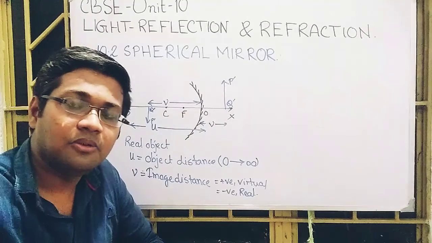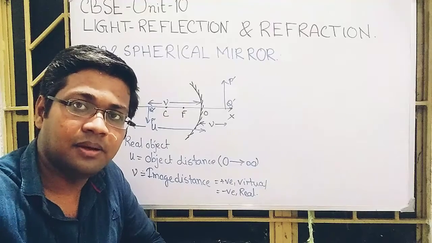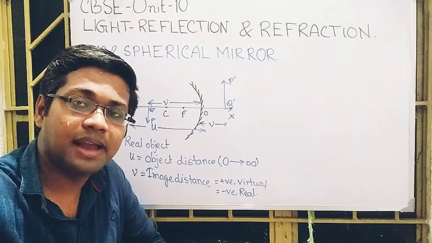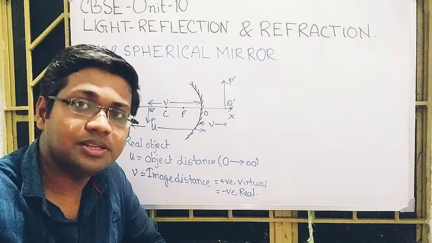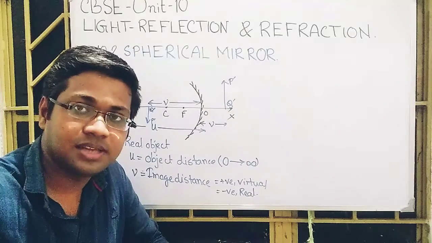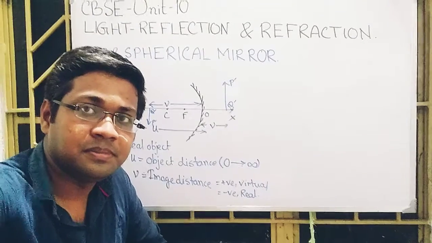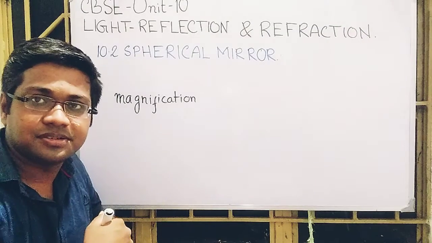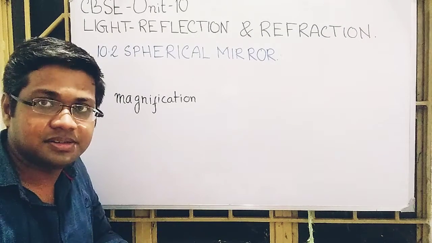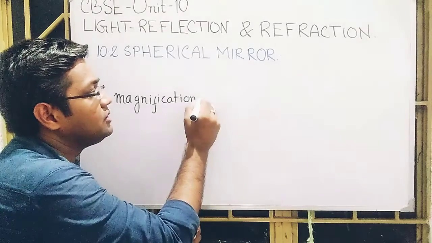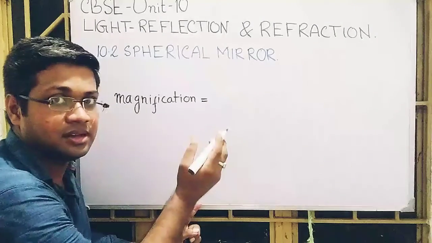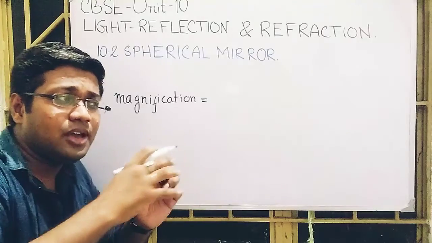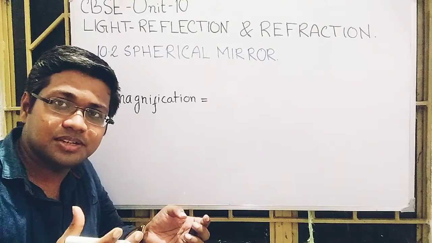Now I am going to discuss another thing, and that is magnification. What does this terminology actually mean? How is it defined? It is defined to measure whether the size of the image is greater than that of the object.